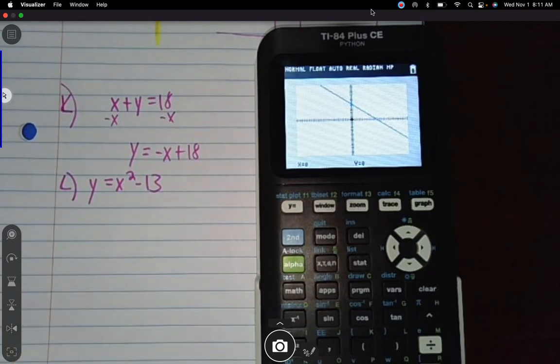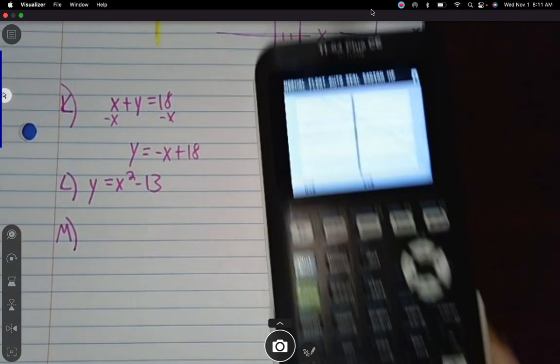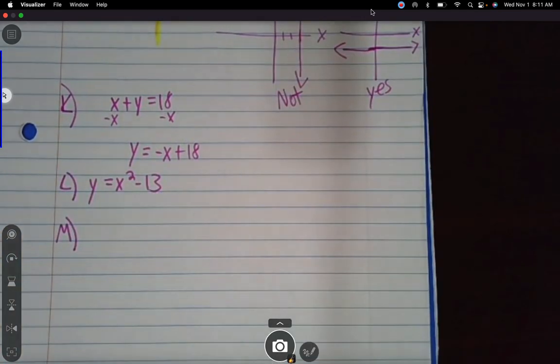Okay, and then I'm going to show you M's picture. I'm going to do the square root of x minus 1 and the negative square root of x minus 1.